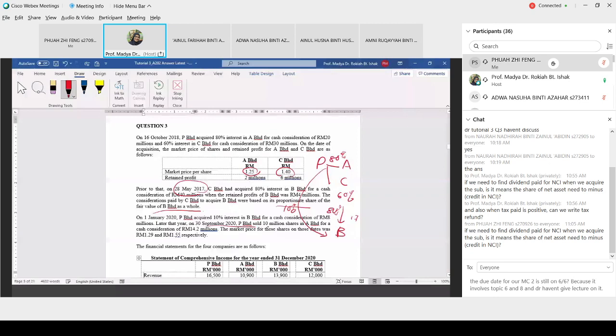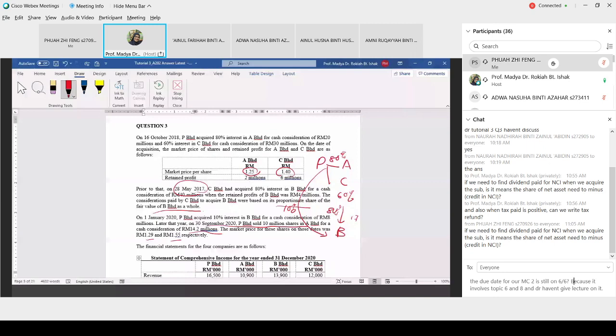So P disposed 10 million shares. If you look at the share capital of A, it is 20 million.